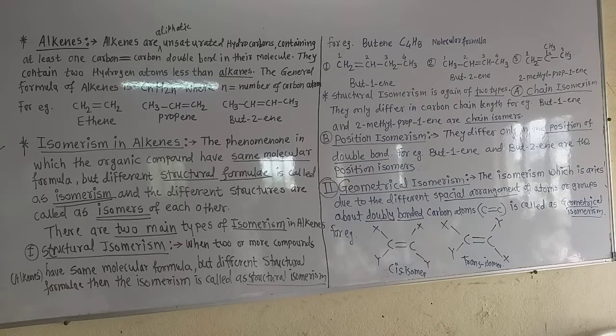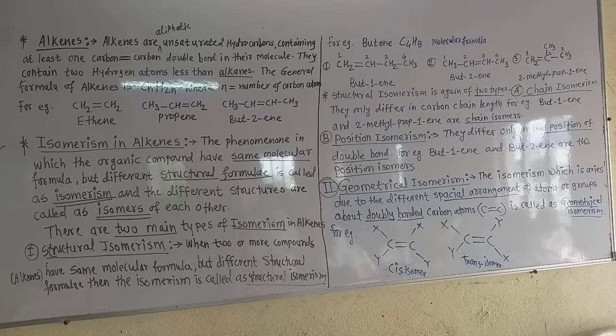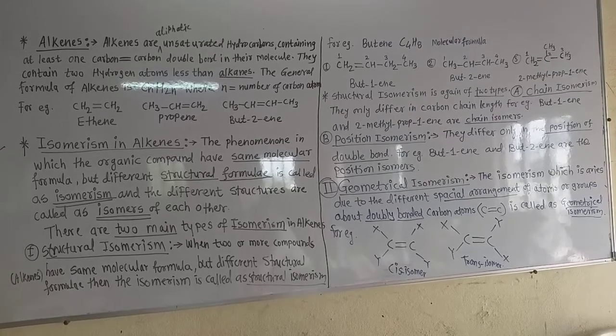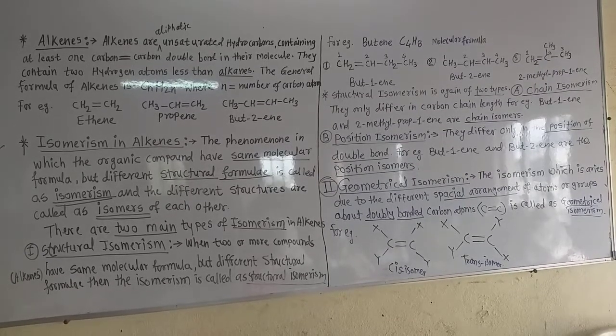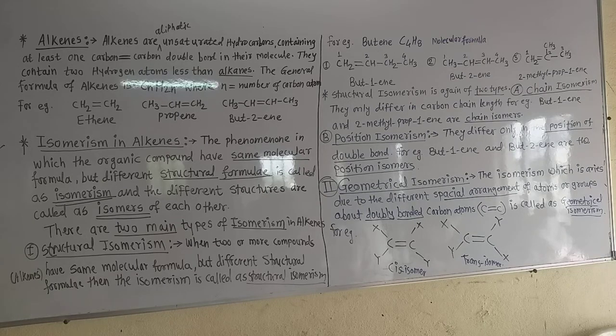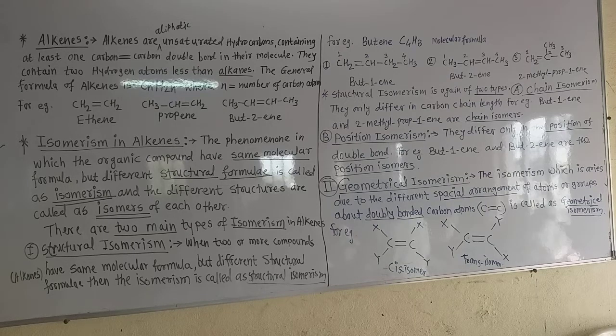Now in this chapter number 15, that is hydrocarbons, we have completed one topic, and the name of that topic is alkanes. Now consider here the second type of hydrocarbons, alkenes. You already know that in alkenes there is at least one carbon-carbon double bond in their molecular formula.